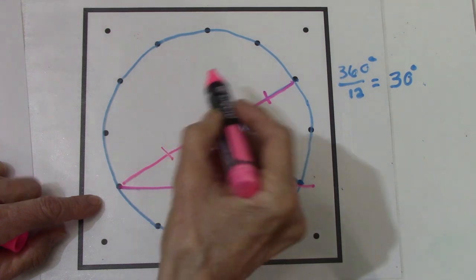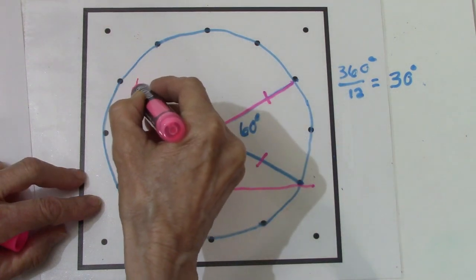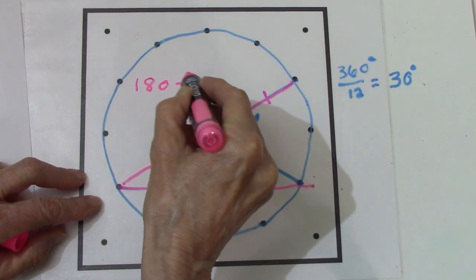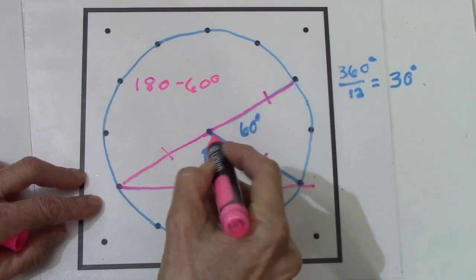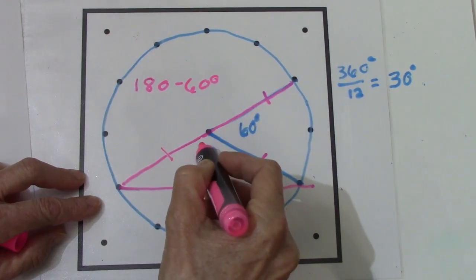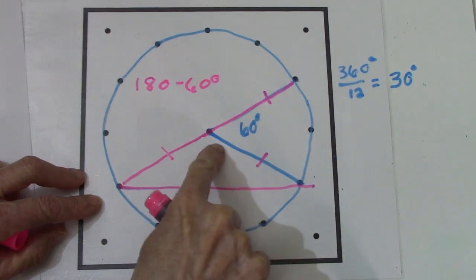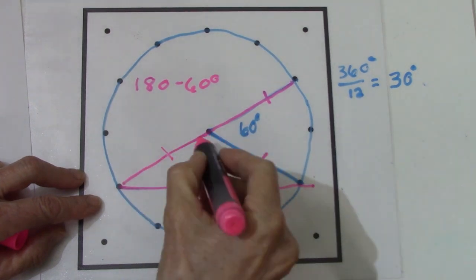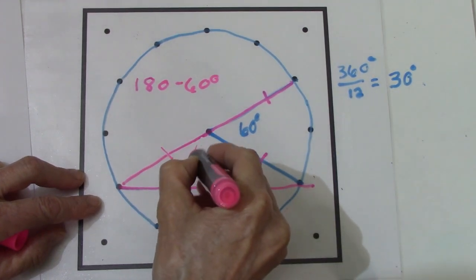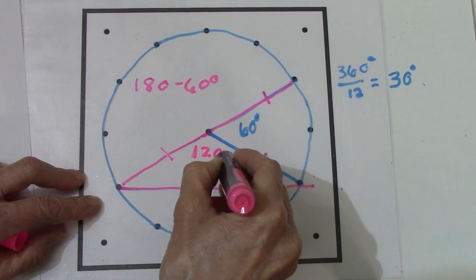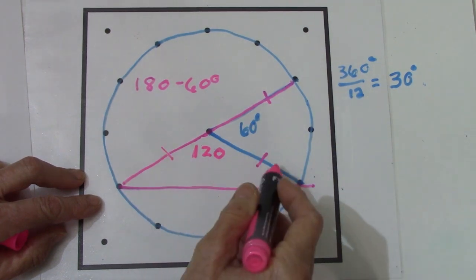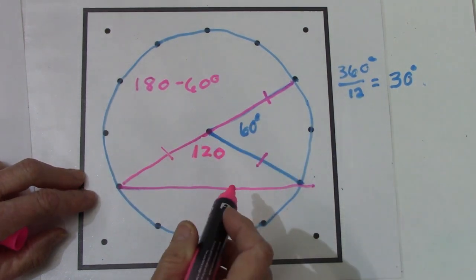So this angle has to be 180 minus 60 degrees. So this angle right here at P is going to be 120 degrees. Now we see that we have an isosceles triangle.